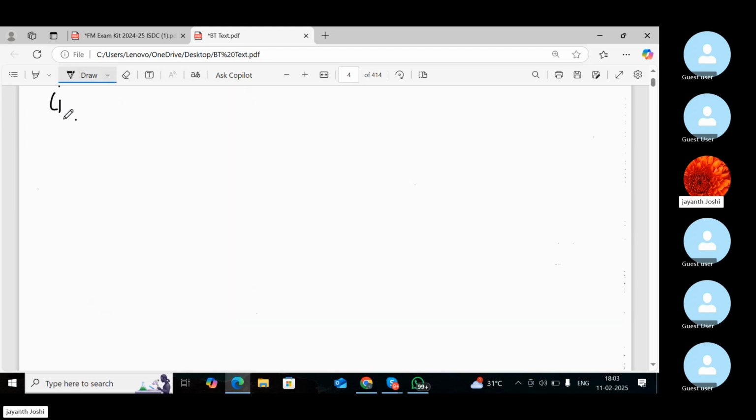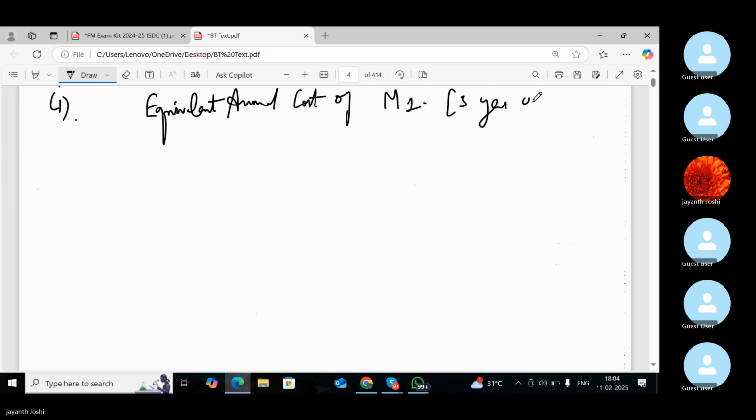So first, we are going to take the equivalent annual cost of machine 1, and it's a 3-year cycle. See, the investment decisions chapter has all routine questions. Small changes you need to check. All have the same format.